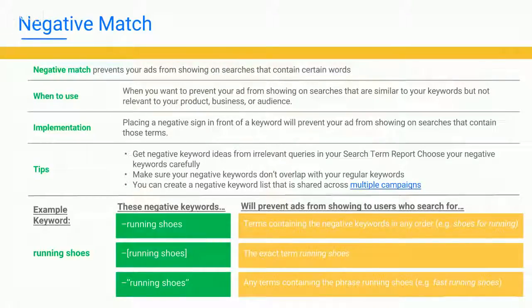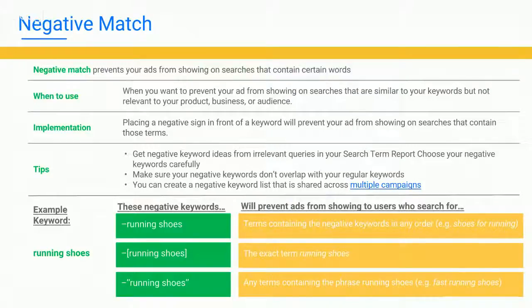If somebody's typing in free running shoes, you probably don't want to pay for that unless you're giving out free running shoes, which you probably aren't, but maybe. So free is a good example of a negative keyword. Some other ones that I like to use are things like jobs, careers, classes. Basically what it does is it allows you to tell the system, hey, show my ad for these terms, but when this other term is typed in, don't show my ad.